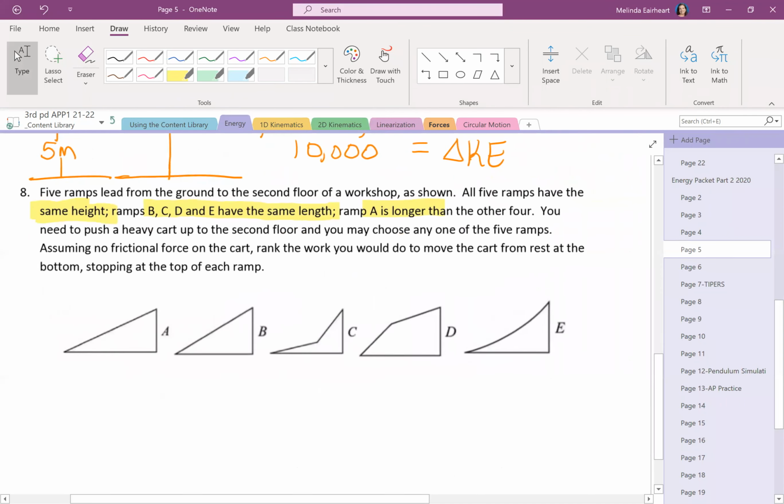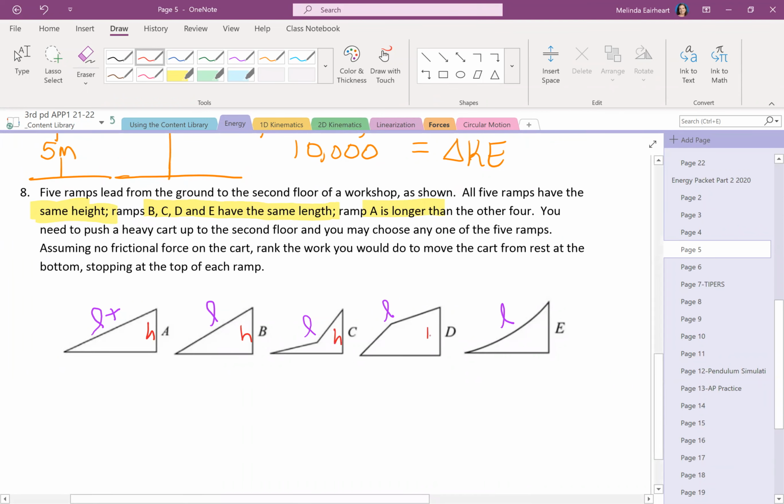And so if I label those lengths, A is longer, so I'm going to say L plus. And then B would just be L. C would be a total of L, and D and E, okay? So L plus, they didn't say it's twice as long, but it's going to be longer than the other lengths. Heights are all the same, they said.